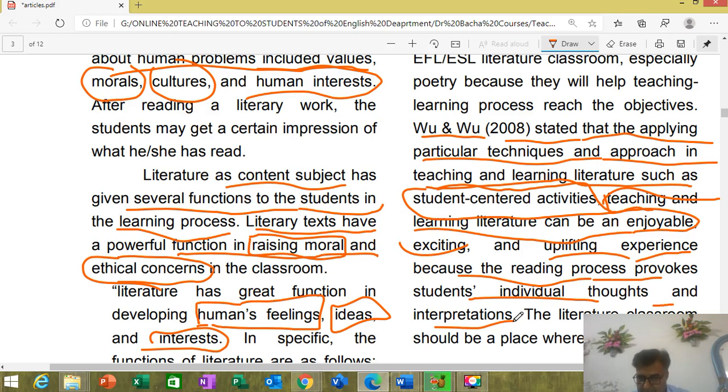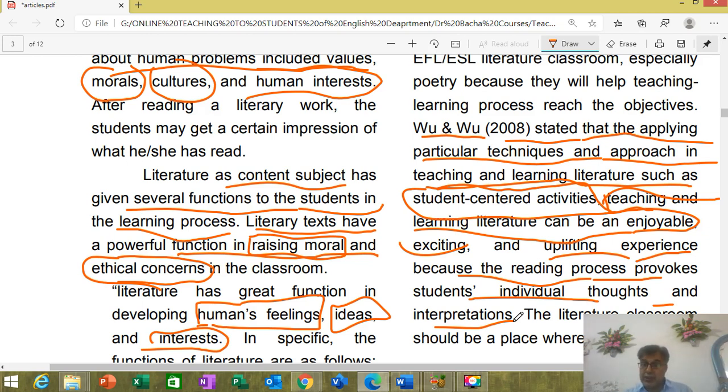Basically this author stated that applying particular techniques and approaches in teaching and learning literature, such as student-centered activity. Student-centered activities mean student-centric rather than teacher-centric approaches. Mostly in a class of literature or a class of language, everything should be student-centered, which means it involves students in different activities, right?